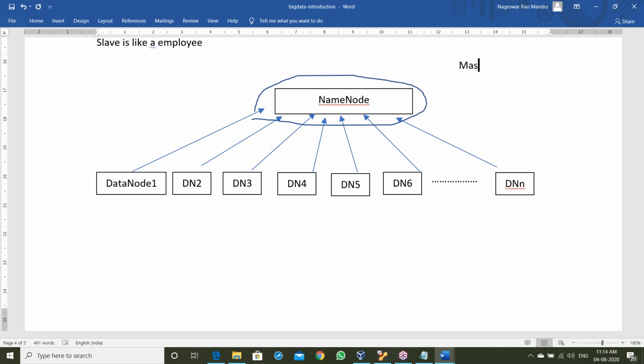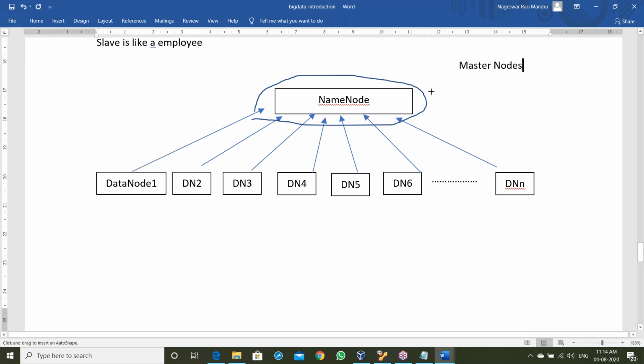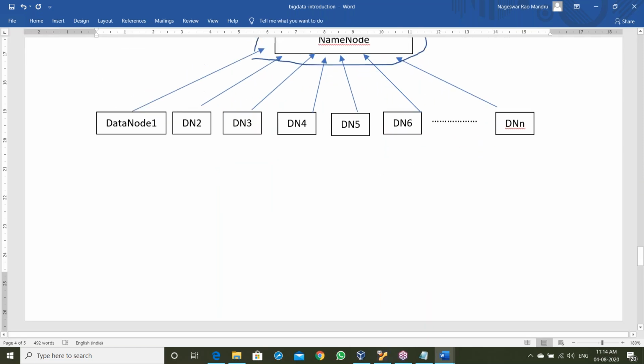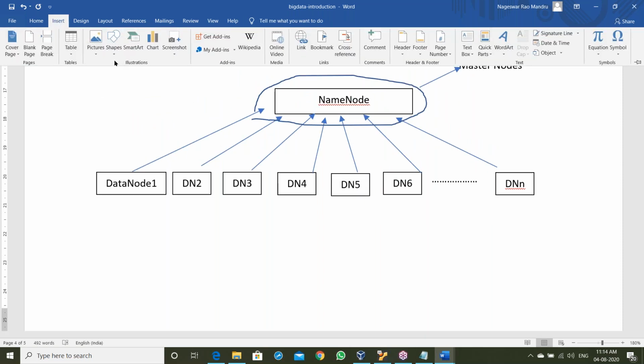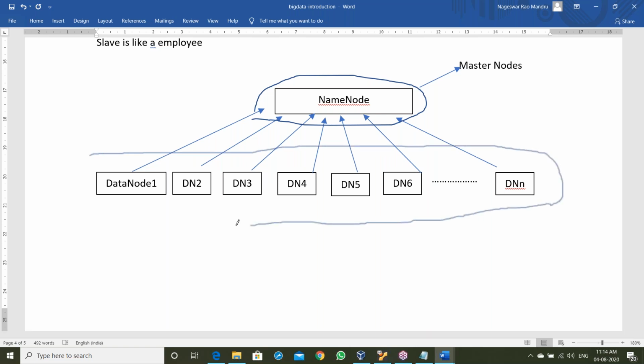It's a master node, and this master gives instructions here. Next, all these are called slaves. They are slave nodes.